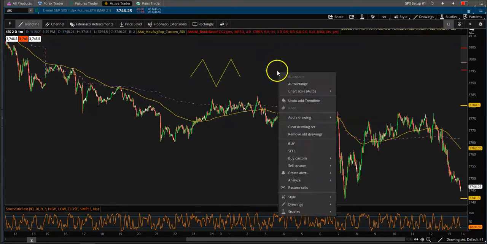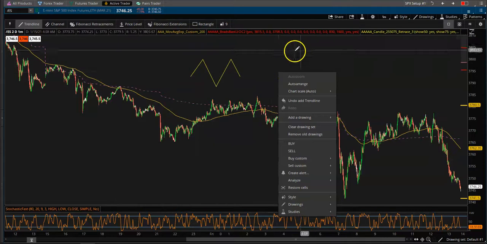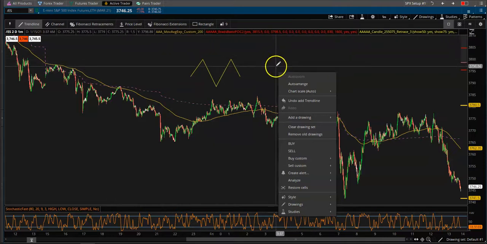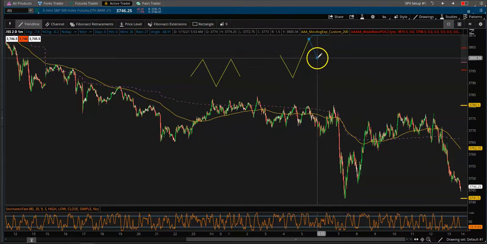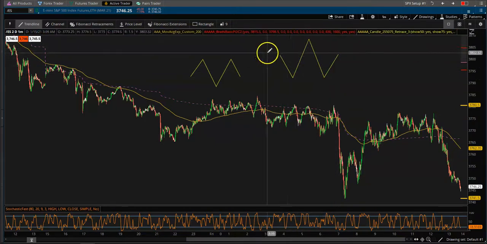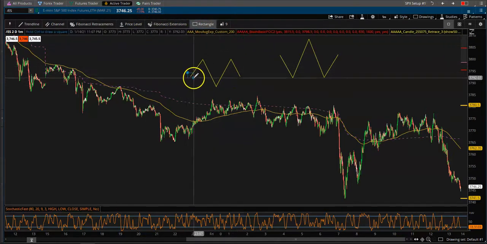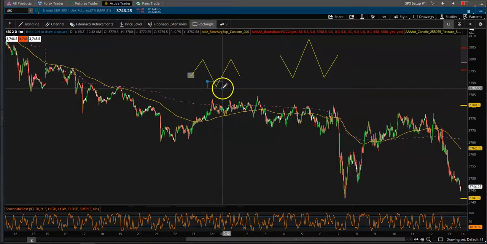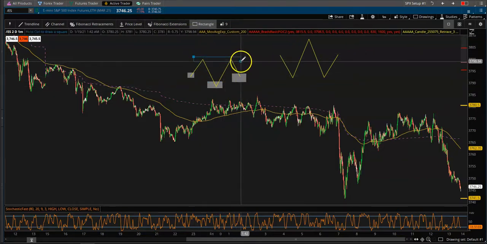A head and shoulders would essentially look like this, where it's kind of pullback, breakout, pullback, and then breakout. And this is a head and shoulders. This is an inverse head and shoulders. So if you think about it, we have the left shoulder, the head, and the right shoulder, and this would be your neckline.